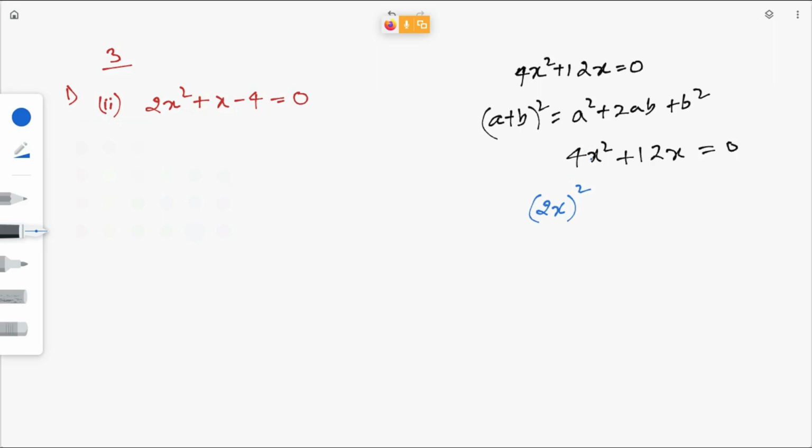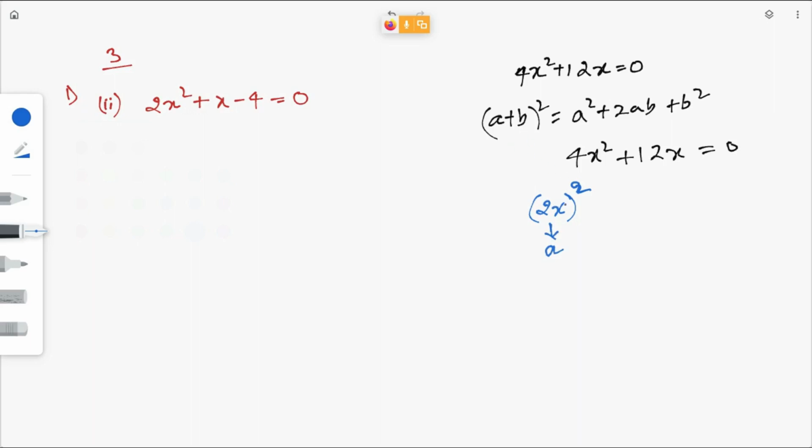Yes, sir. First thing is, if it is 4, if it is 9, if it is 25, you need to take the square root of that, keep it in a bracket, and then put the square over it. So now this 2x is your a.